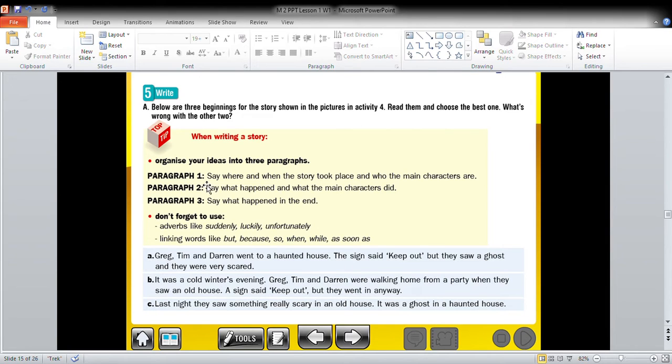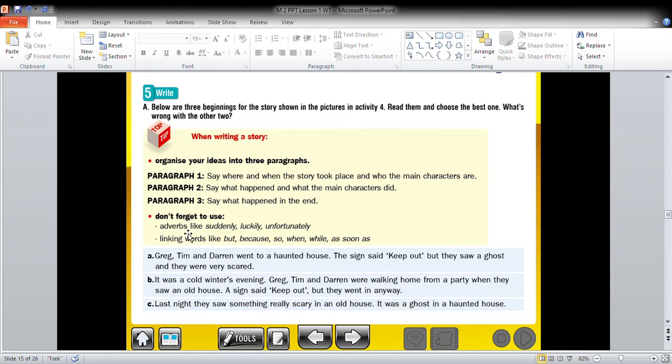Paragraph 1 says where and when the story took place and who the main characters are. So this is the content of your paragraph 1. Paragraph 2, we say what happened and what the main characters did. Paragraph 3, say what happened in the end.